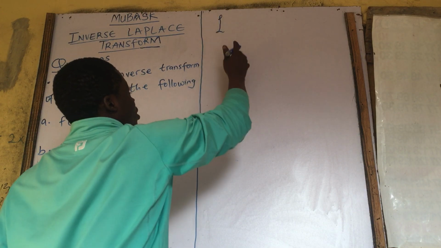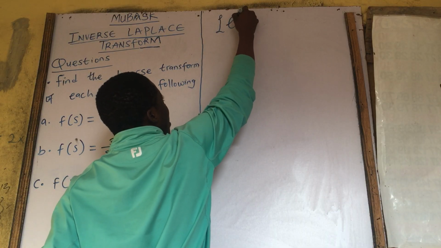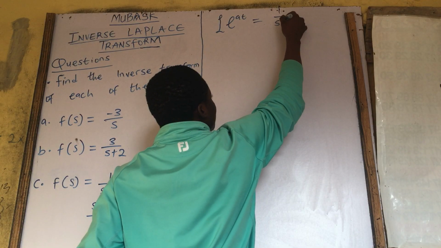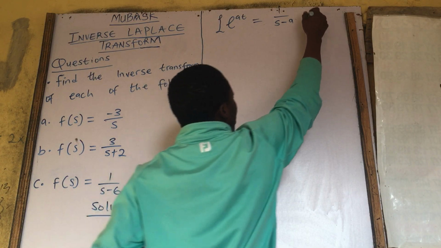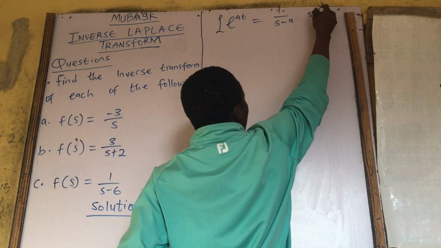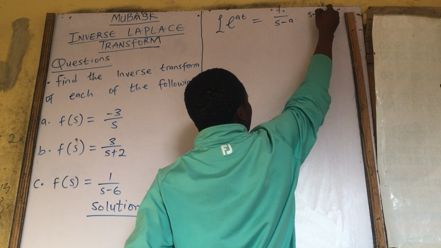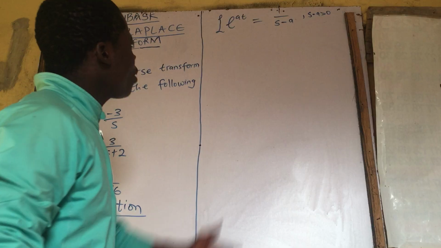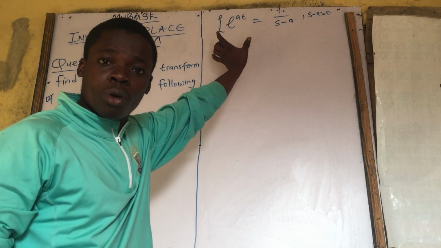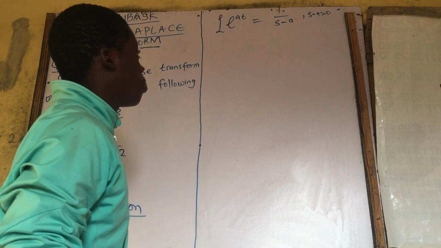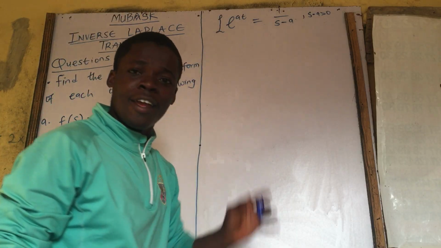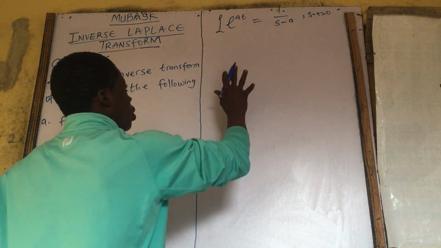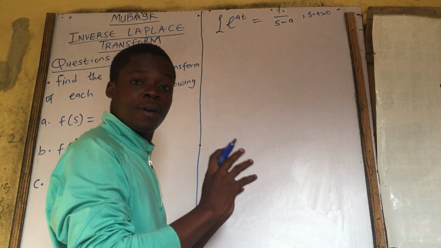From the Laplace table, the Laplace of exponential at gives us 1 divided by x minus a, when x minus a is greater than 0. But if we want to obtain the inverse of this Laplace transform, we multiply both sides by the inverse Laplace.